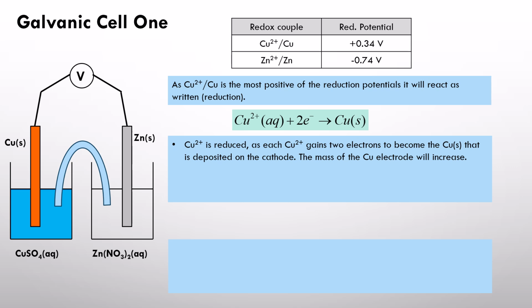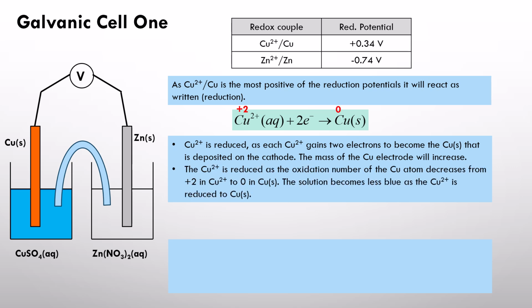I can also talk about the oxidation number. What is happening to the oxidation number of the copper atom across this reaction? So on the left hand side, because this is an ion that has a charge of 2 plus, or a monatomic ion, the oxidation number of copper is +2. On the right hand side, because this is an element, an atom with no charge, a particle that's just one type of atom with no charge, its oxidation number is 0.